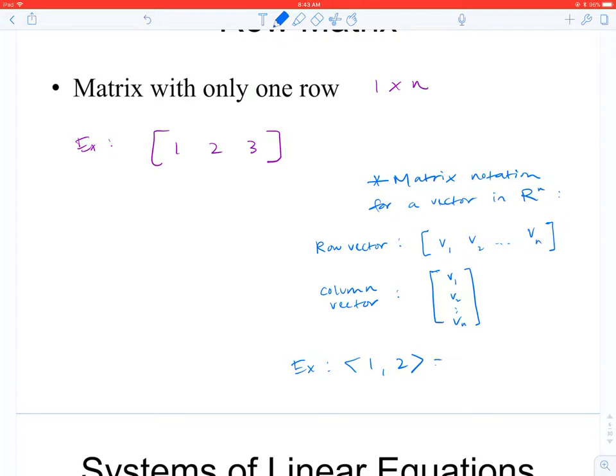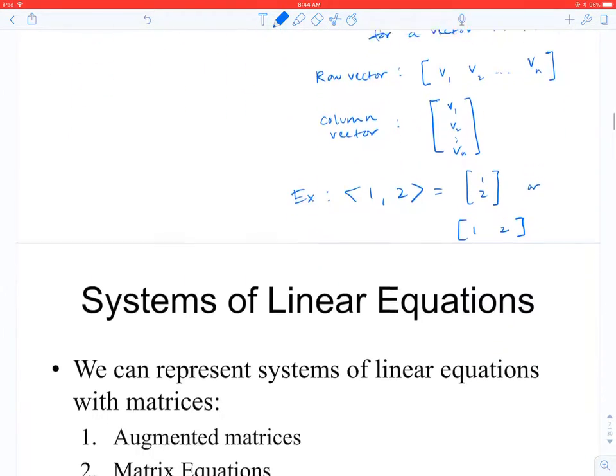So another way that I could write this vector in matrix notation would be as 1, 2 as a column vector, or 1, 2 as a row vector. Okay.